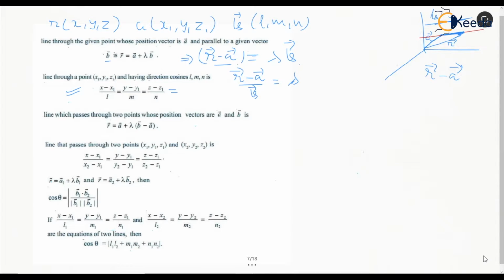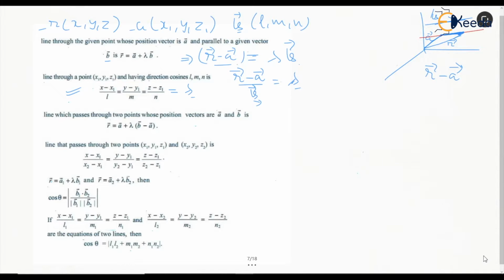If this is given in direction ratio, or if it is given in direction cosine, then this lambda is going to be some other value, and maybe these two lambdas are different, not exactly the same. So this is what we are doing for the line, for the A vector and for the B vector.